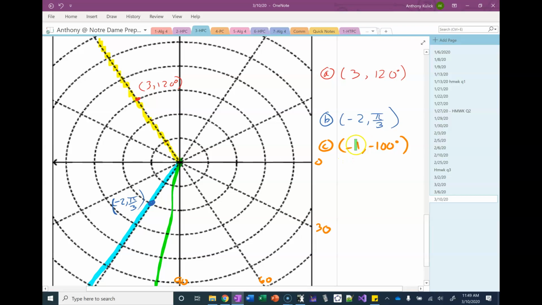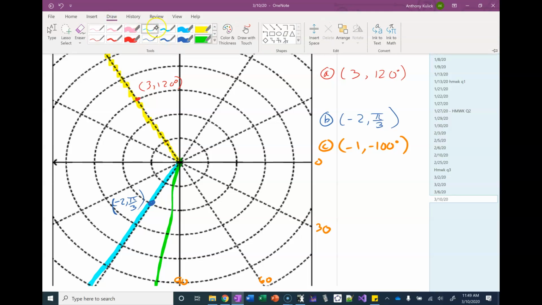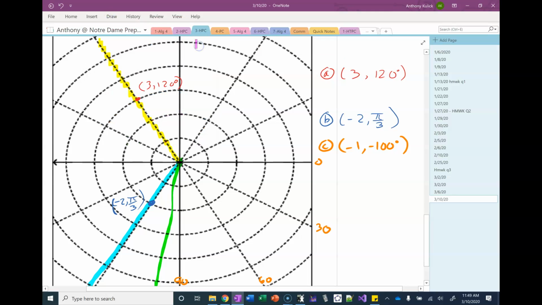But my measurement for R is negative. So I actually want the opposite side of that line. So what I really want is the part of it that's over here.